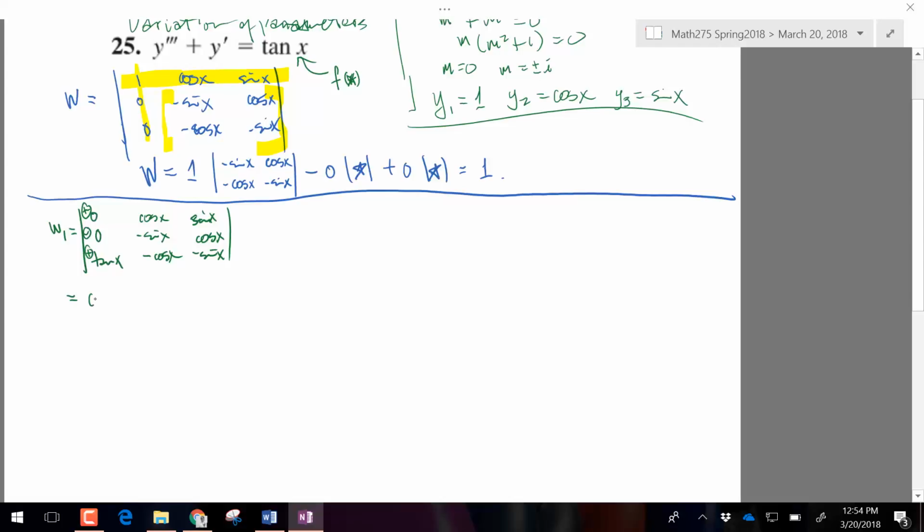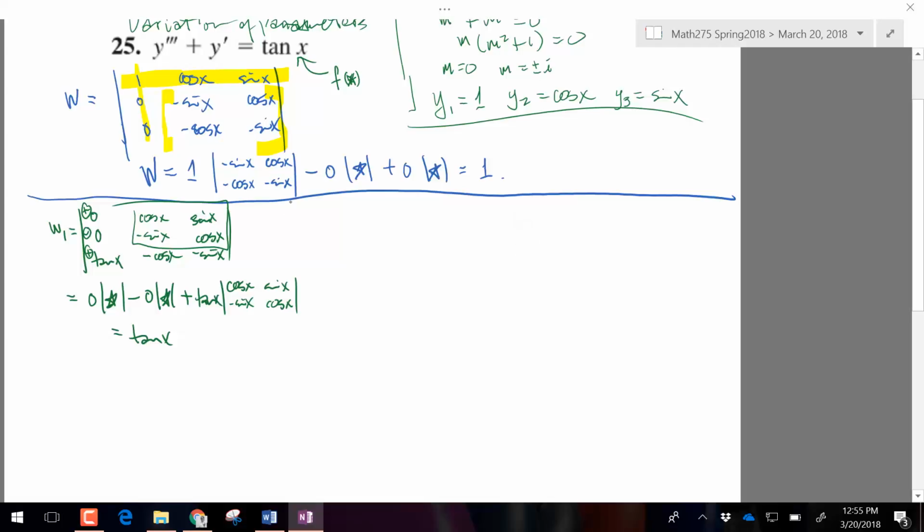So we have 0 times some matrix minus 0 times some other matrix plus tangent times the submatrix that's left over, which is this cosine sine matrix: cosine x, sine x, minus sine x, cosine x. And that looks like it's going to be 1 again. So our W1 is going to be equal to 1.